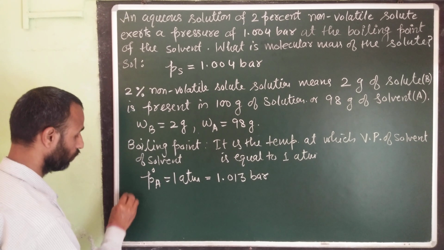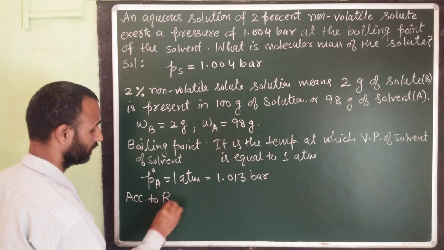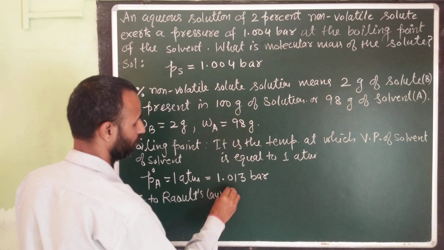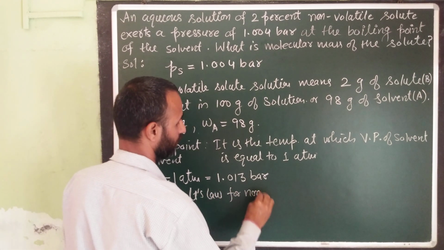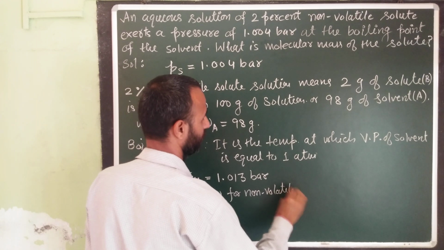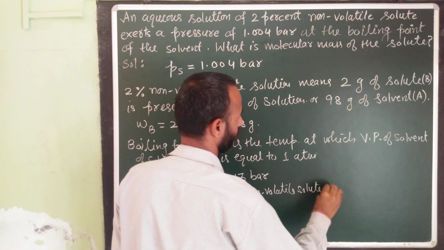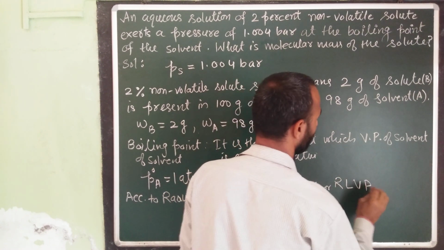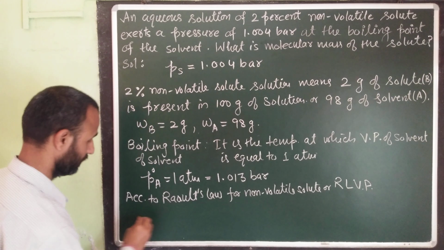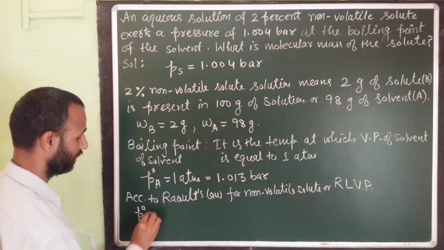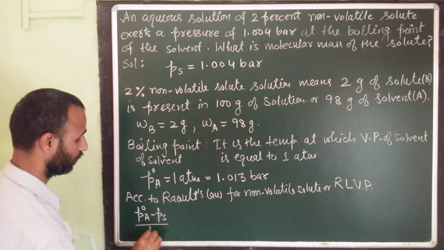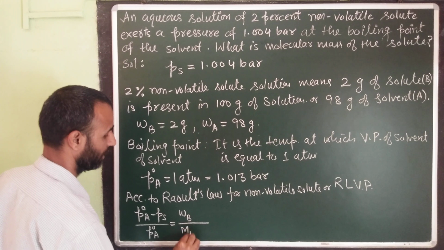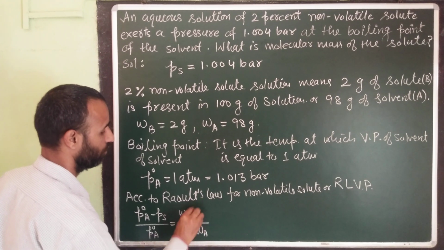Now according to Raoult's law for non-volatile solute, or as per relative lowering of vapor pressure, (P naught A minus PS) over P naught A is equal to WB by MB into MA over WA.